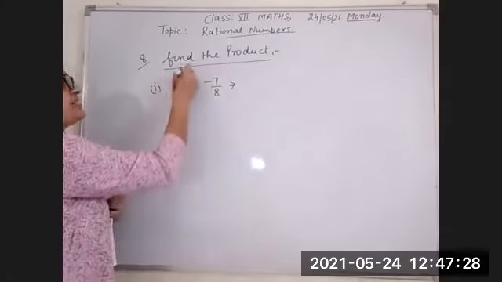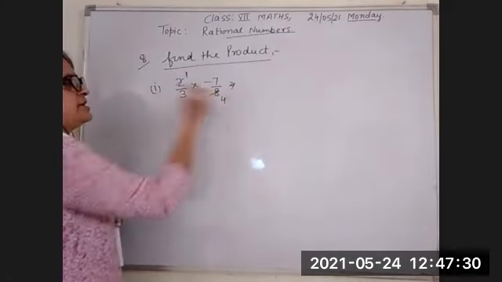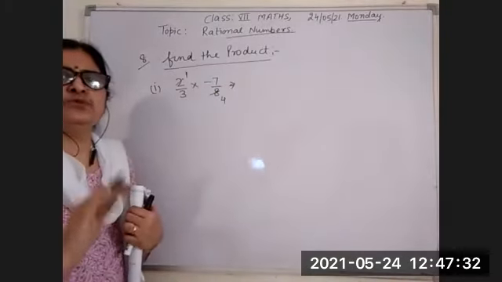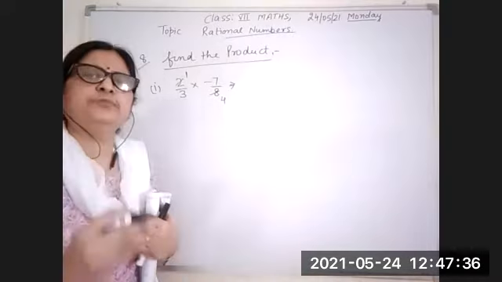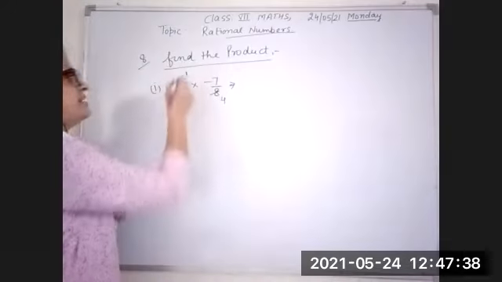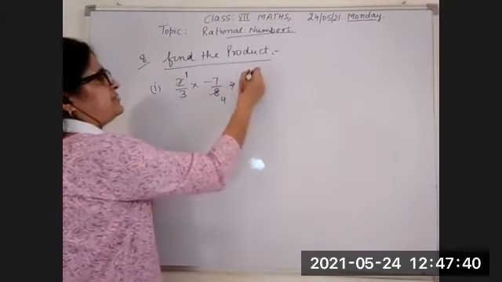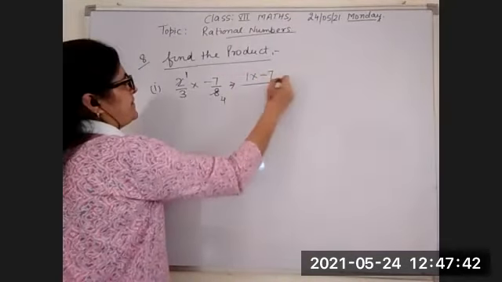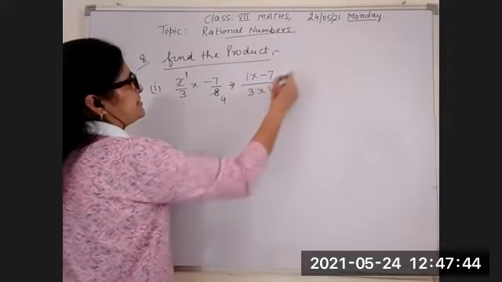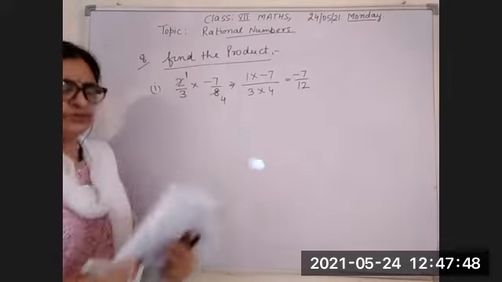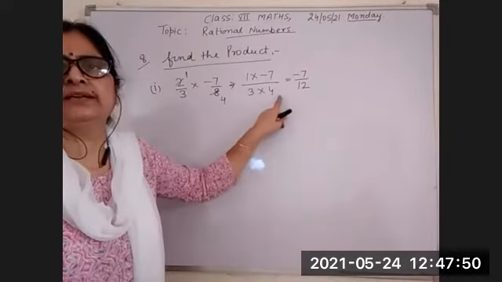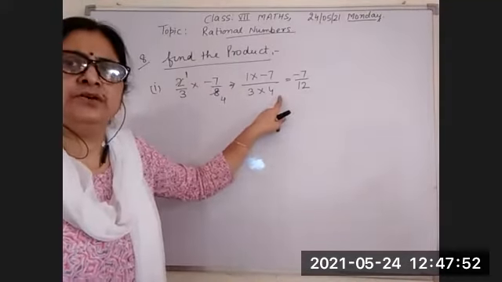So you will check: 2 1 ja 2, 2 4 ja 8. Now you multiply numerator with numerator and denominator with denominator. When you multiply 1 with minus 7 and 3 with plus 4, you get minus 7 upon 12 as the answer of this question.